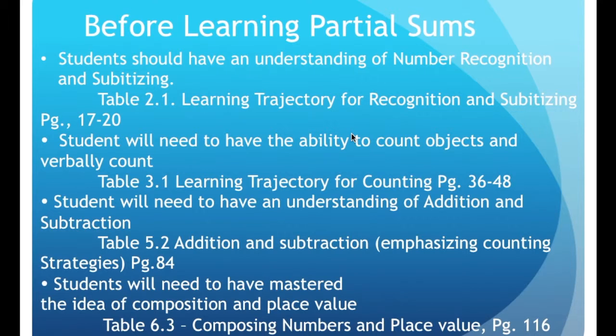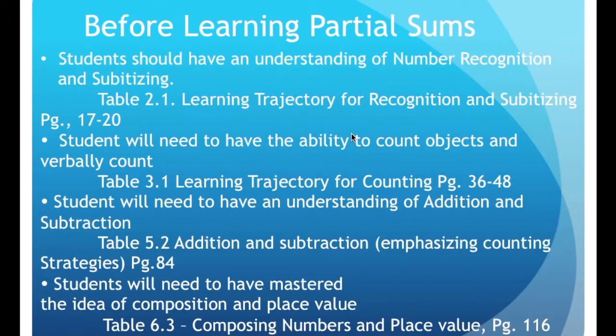Before learning partial sums, students should have an understanding of number recognition and subitizing, both of which are explained thoroughly in Table 2.1 from Learning Trajectories for Recognition and Subitizing on page 17 of our Clements book. Also, students need to have the ability to count objects and verbally count as well, which once again can be found in Table 3.1 in the Clements book.